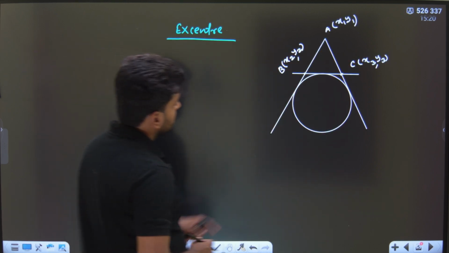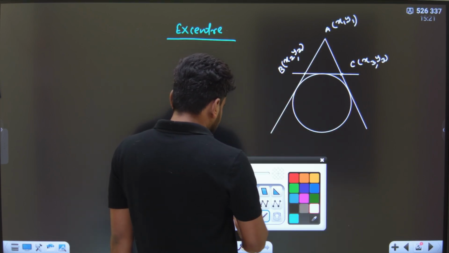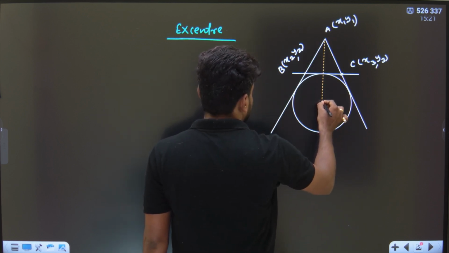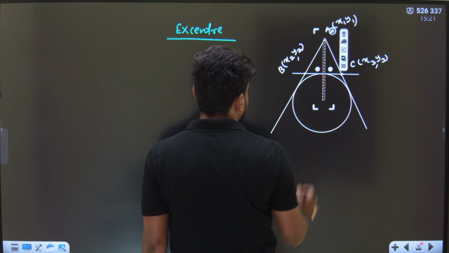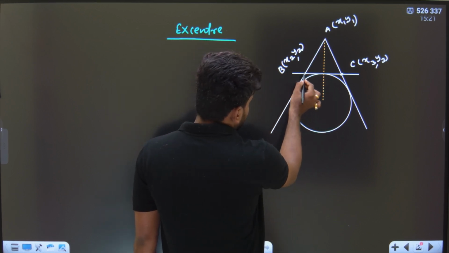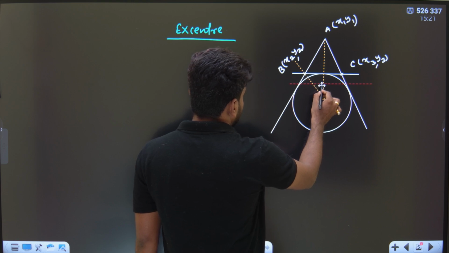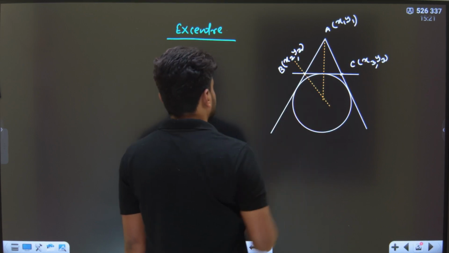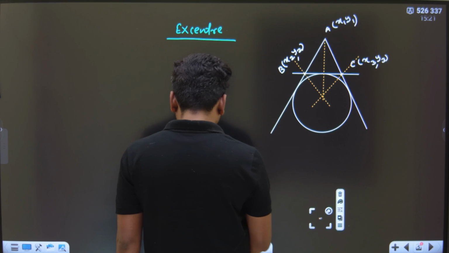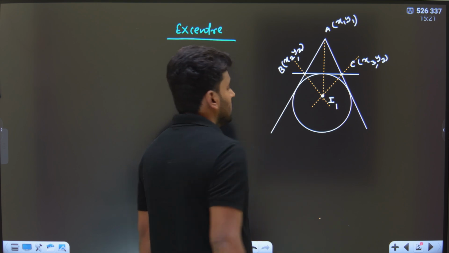So here suppose there is a triangle ABC whose one internal bisector I will take, and two external bisectors. This is your B, and I am taking this external bisector, and from here also. Now these are all meeting each other at point I1.